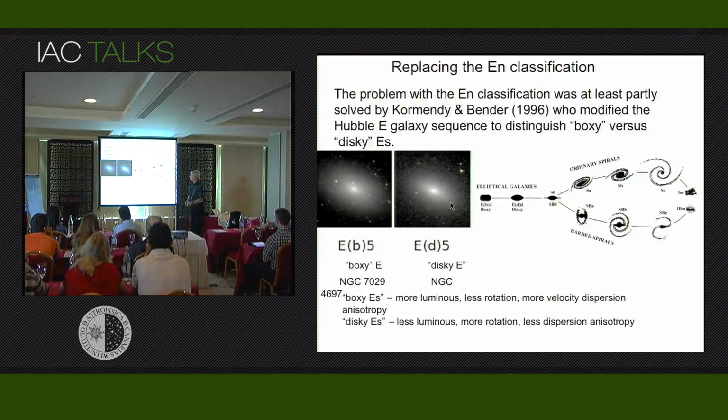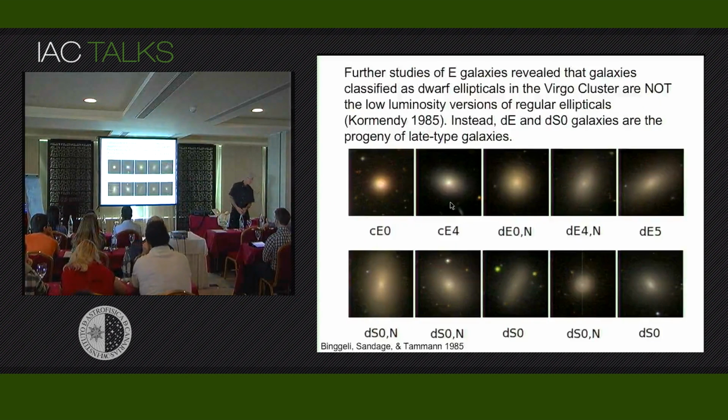But in order to tell these categories by eye, they have to be edge-on to see the disk. So if those two galaxies' disks were face-on, you might not be able to put them into this sequence here. But nevertheless, it's a definite improvement over EN. And the boxy versus disky E's correlate with intrinsic properties, and that was the point of that arrangement.